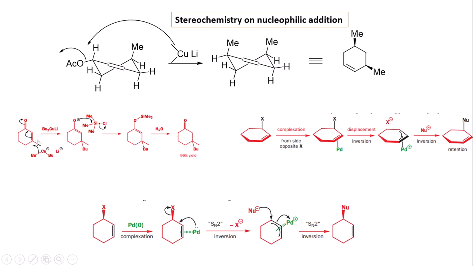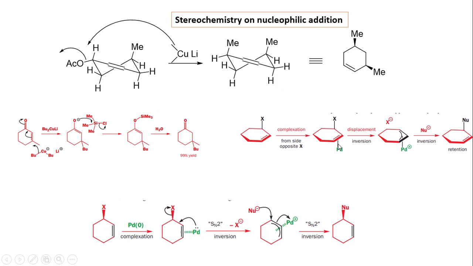That is, the nucleophile always approaches from the backside of the leaving group. Here, with the given cyclohexene acetate derivative, the alkyl group is added to the opposite face to the acetate group, and we get the cis-substituted product. But this is very interesting because it is different from palladium chemistry.